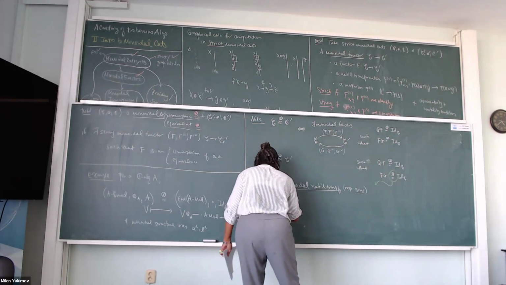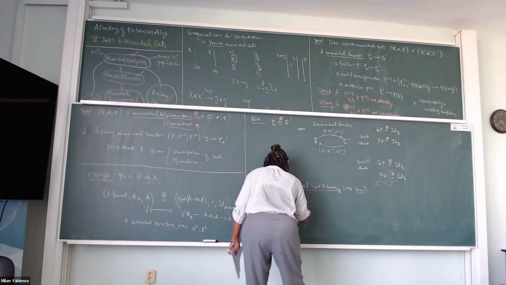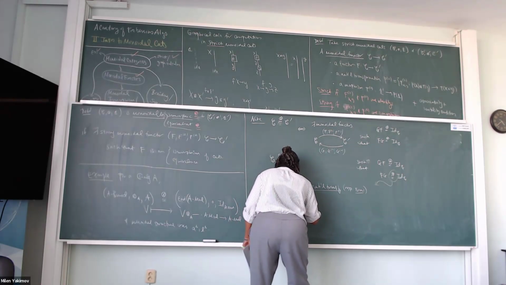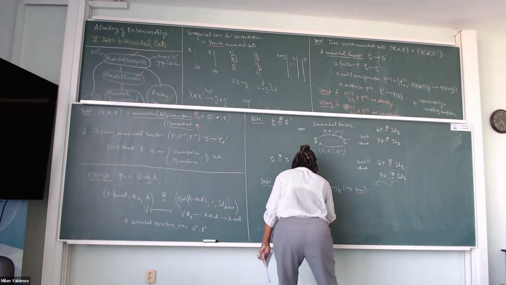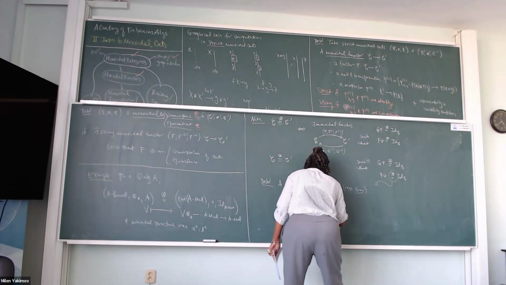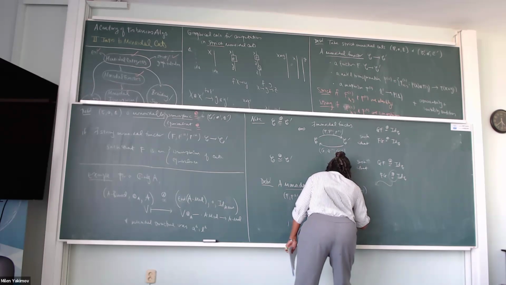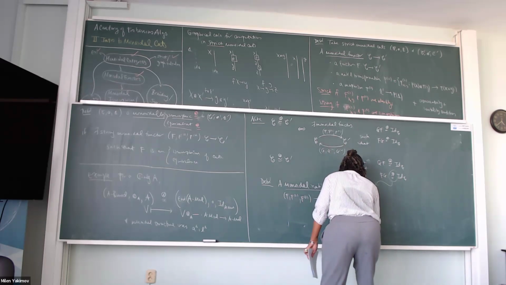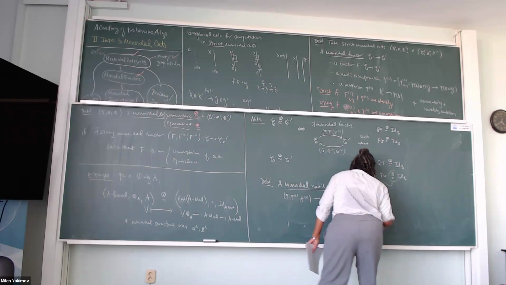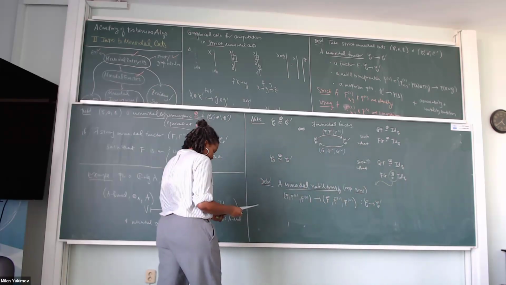So going from, let's say, monoidal functor F to a monoidal functor, F tilde, if you will. And they're both monoidal functors that take in information in C and spit out information in C prime.